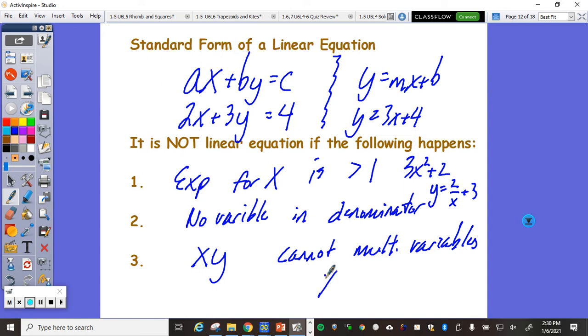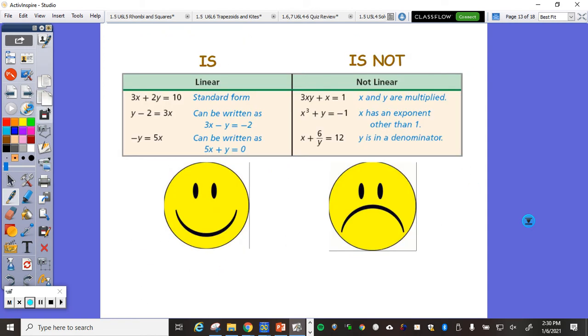And the last one, I can't have xy equals 3 or something like that. We can't multiply the variables together. All right, so these are the rules. And I've put this on your homework so that you can remind yourself about them, all right?